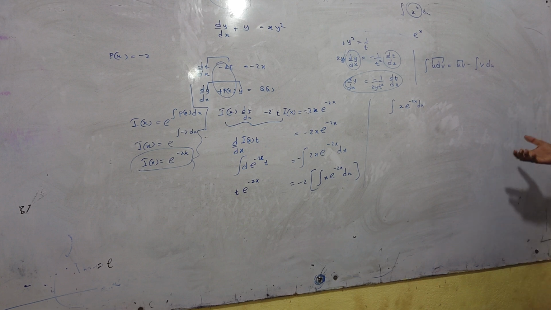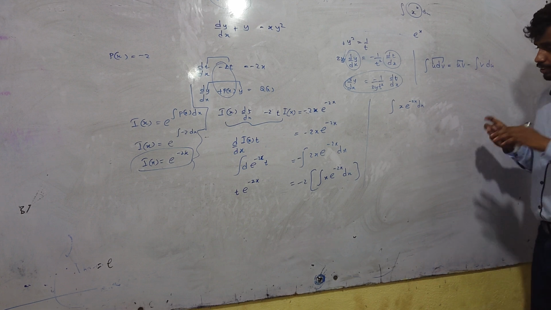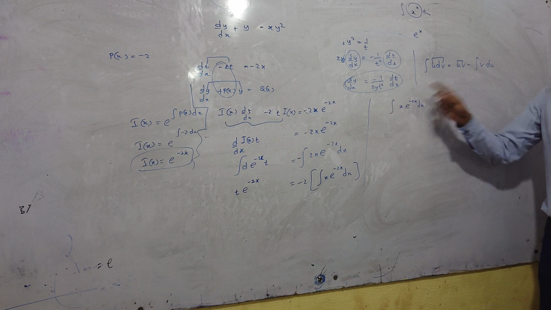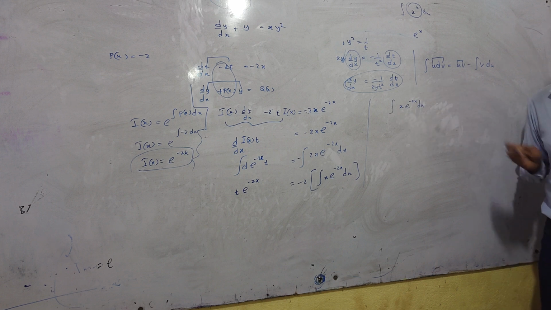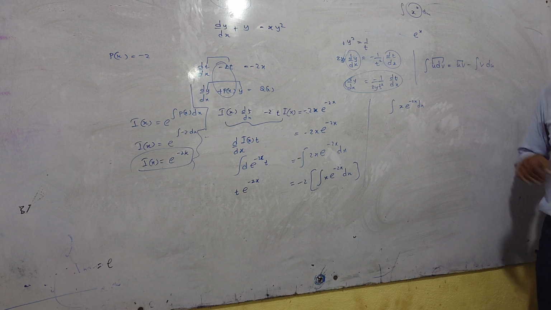It is not required to be two different functions to apply this. When you get that type of function, you may apply this to reduce the complexity of the question. Even for simple integrals, we can apply this.